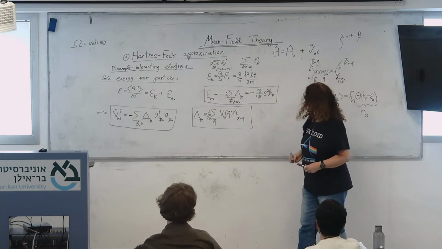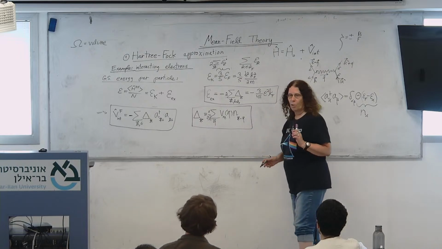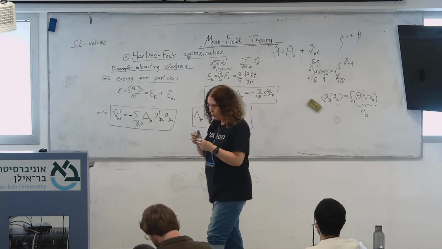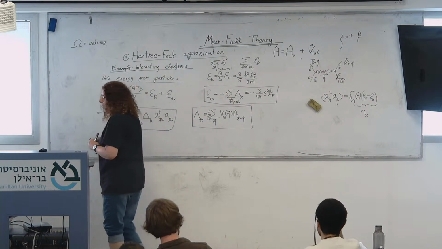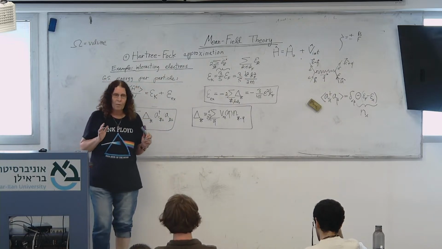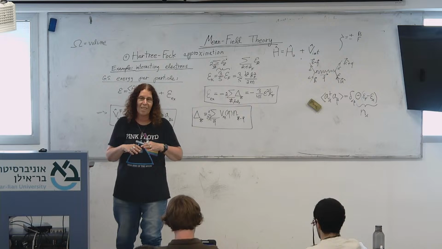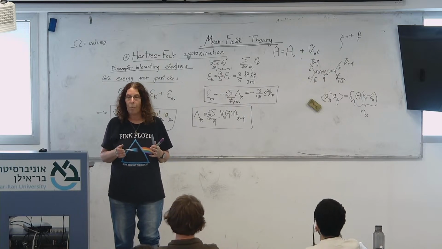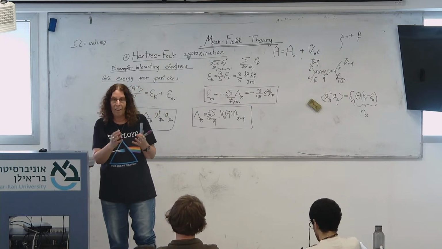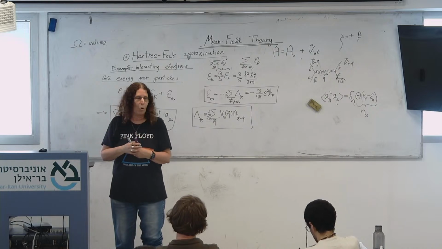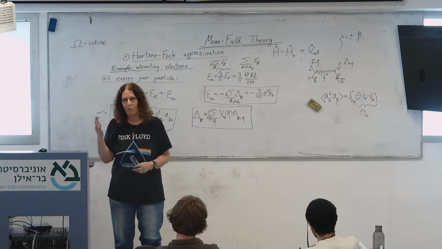Okay, and in fact, the question you have to ask yourself is, when is the approximation justified? Because I'm telling you the approximation is justified if the interaction is, in a sense, small. Because if it's not small, the corrections that I throw away, it's not justified.